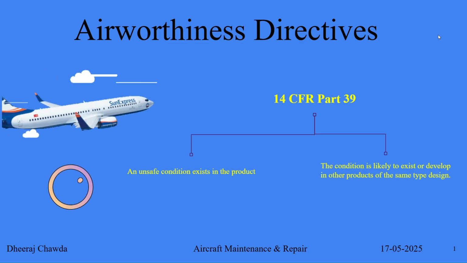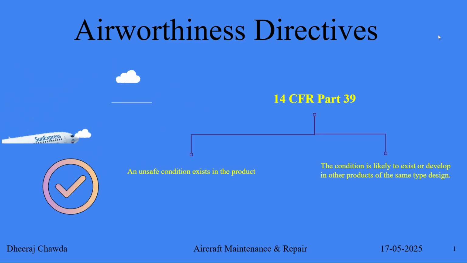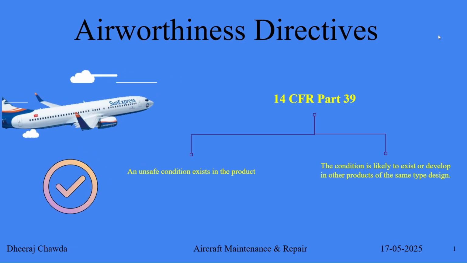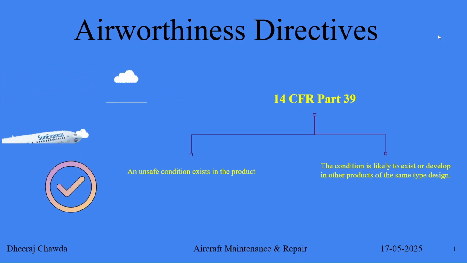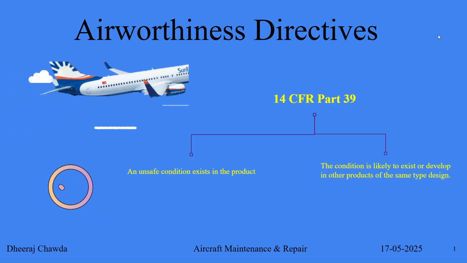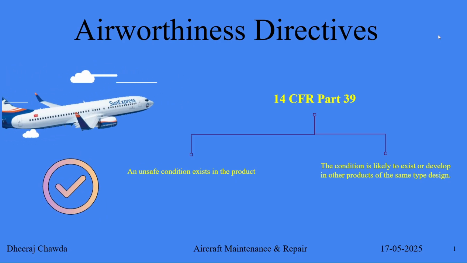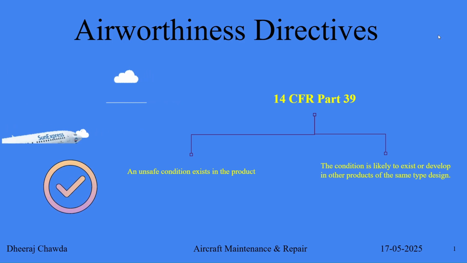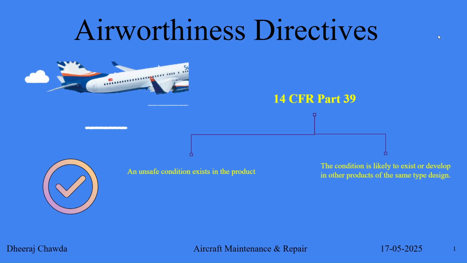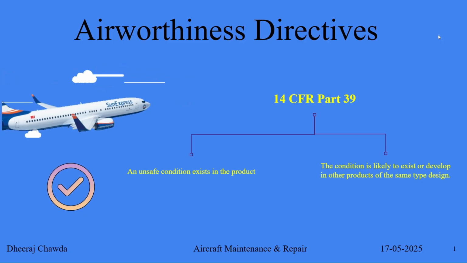So these directives check whether there is any unsafe condition in the product, where the product stands for any component of the aircraft or the whole aircraft. Second, does this condition exist or apply in other products? So there is an aircraft, and there is another similar type of aircraft.